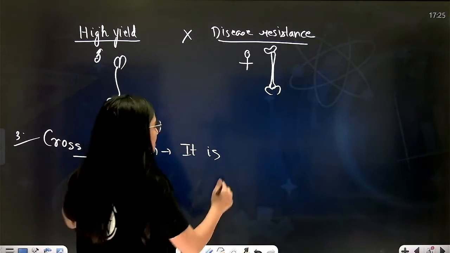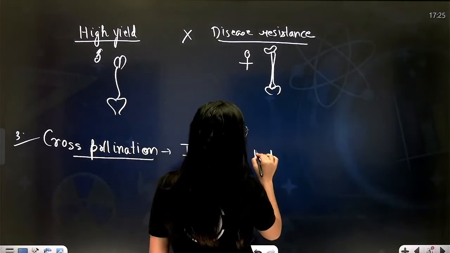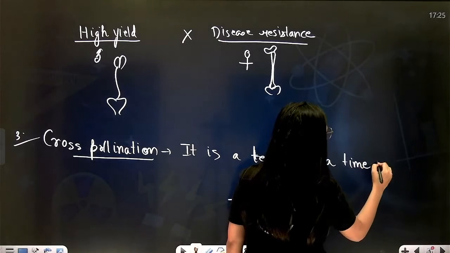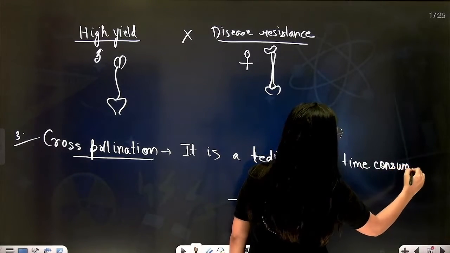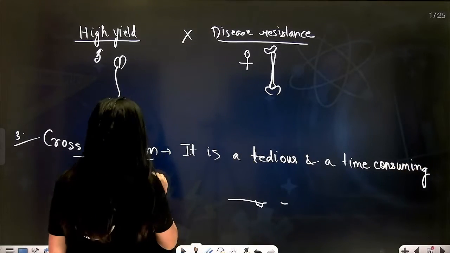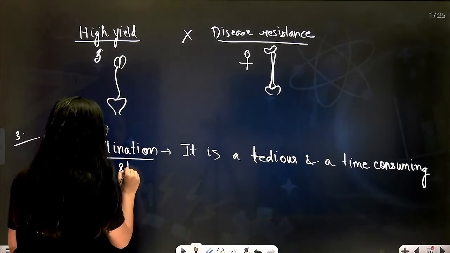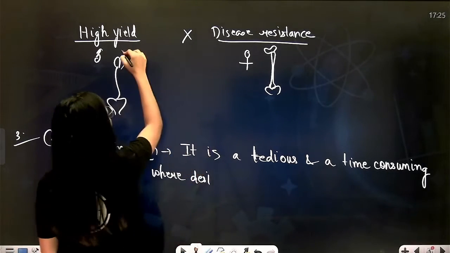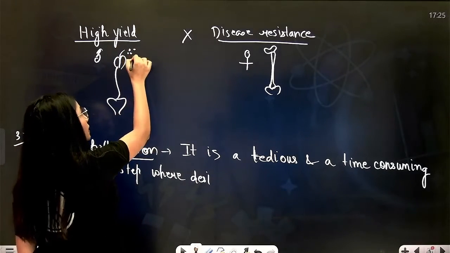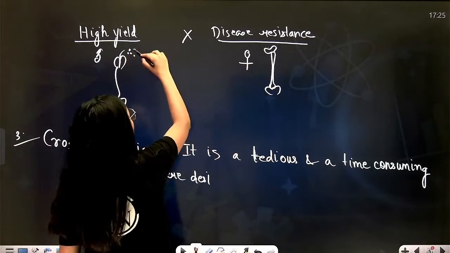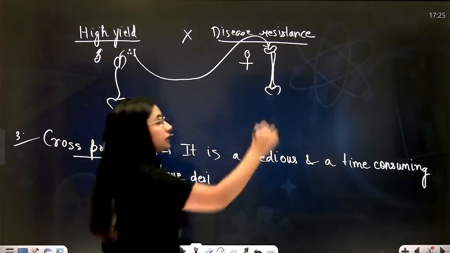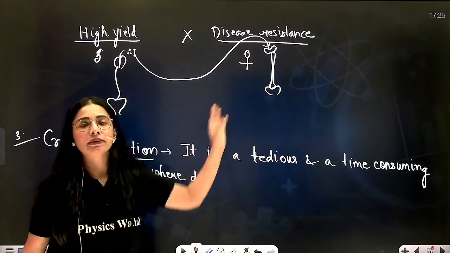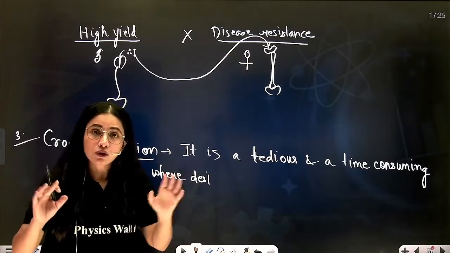So next step is, it is a tedious and a time consuming step where the desired pollen grain, now this is the desired pollen grain and this is the desired stigma. So these pollen grains should only land on the required stigma. We have to make sure that no other pollen grain should come and land on the stigma. So we have to be very cautious.